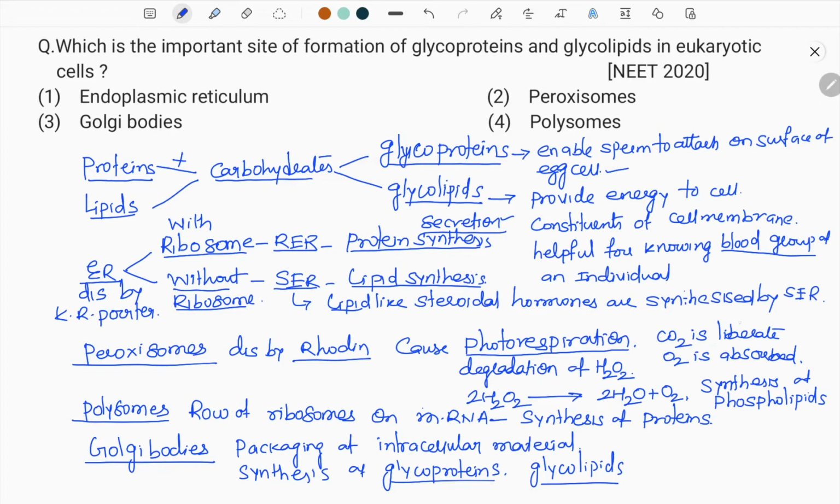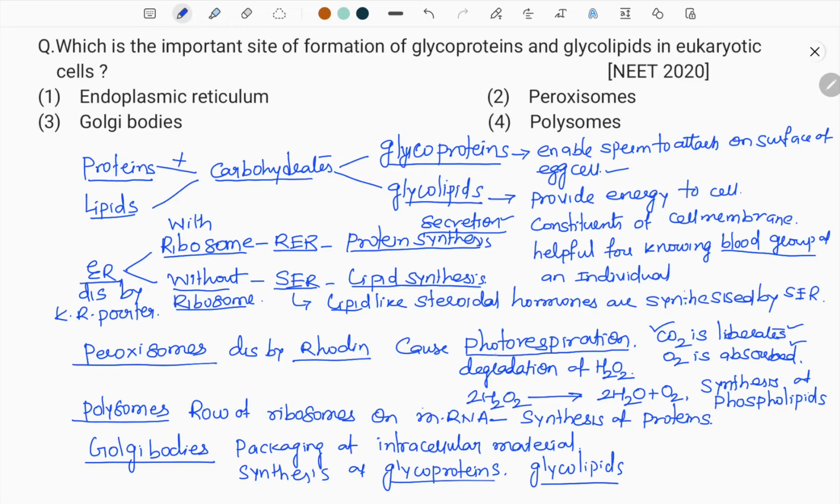In this process, CO2 is liberated and oxygen is absorbed. So respiration takes place in the presence of sunlight, with the loss of carbon dioxide by consuming ATP. So it is considered a wasteful process in plants. Fortunately, it is not found in C4 plants, only in C3 plants.